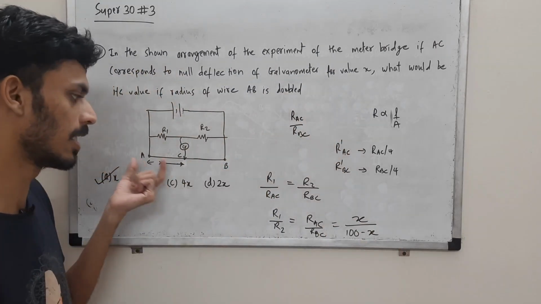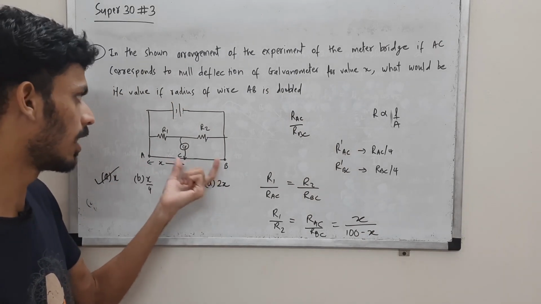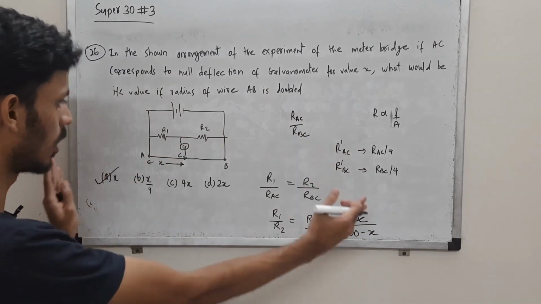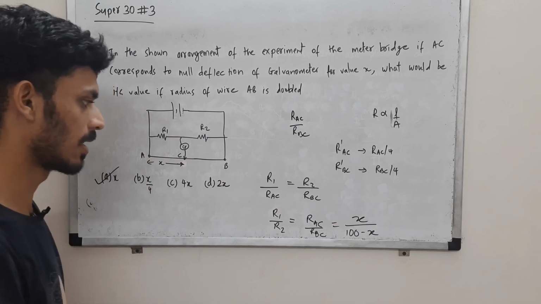The length for AC is x and for BC is 100 minus x in a meter bridge, so the total is 100 centimeters.